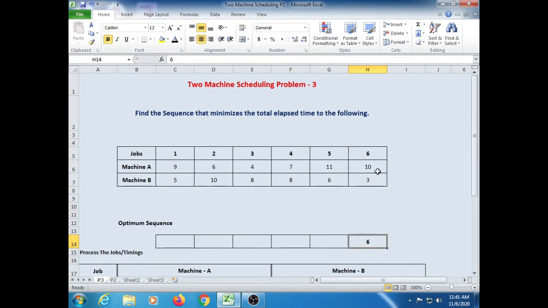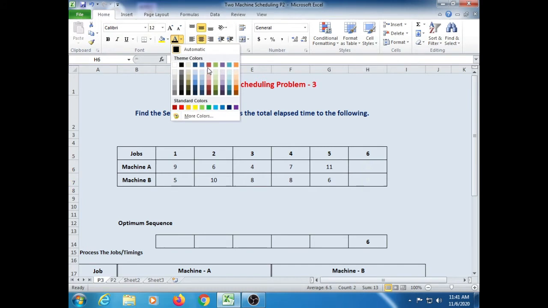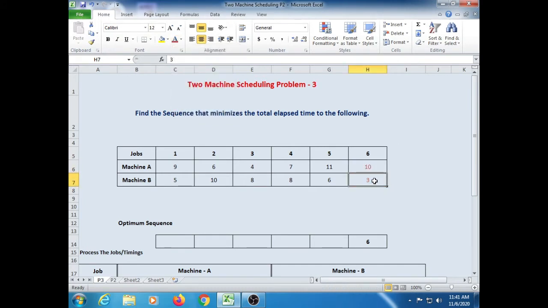Then we have to leave these processing times. So I'm just applying some color. We do not place job 6 again in the optimum sequence. We have only 6 jobs, so we have to find the sequence of 6 jobs. Once we place job 6, it doesn't come again.